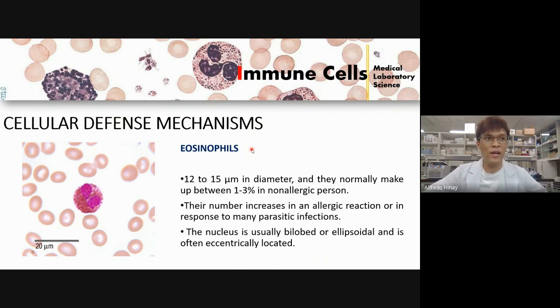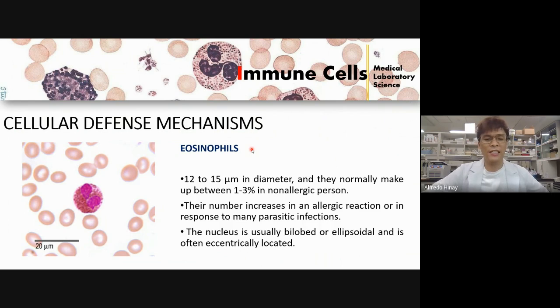So if you are a non-allergic person, then as normal, your eosinophils should be around 1 to 3. Okay? So their number increases in an allergic reaction or in response to many parasitic infections. Okay? So, pag may mga parasitic infection, usually your eosinophil will increase, your neutrophil will slightly increase also.